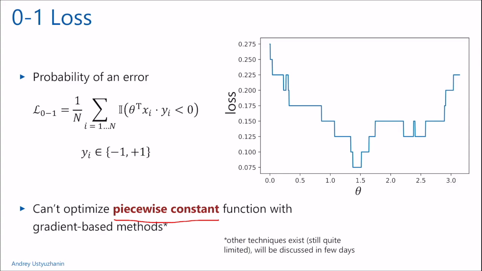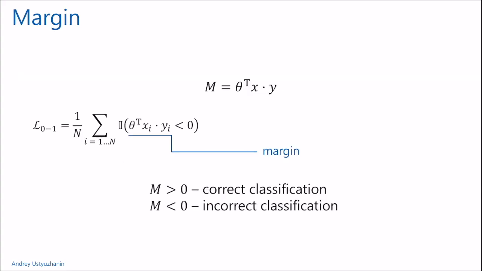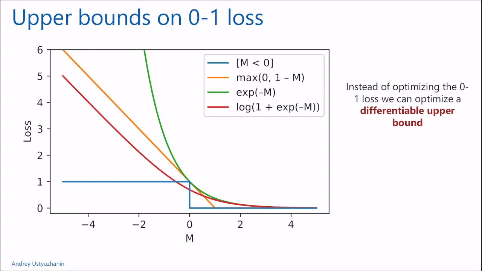So if you take a derivative in every point, it is either equal to 0 or it's like infinity in the corner place. Although methods that can help deal with such things exist, we try to find an approximation to this function. So we want to identify an upper bound that can be optimized instead.